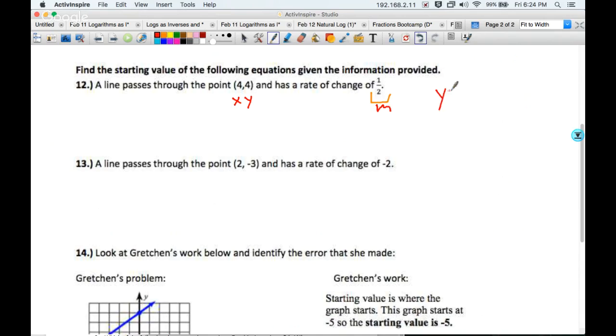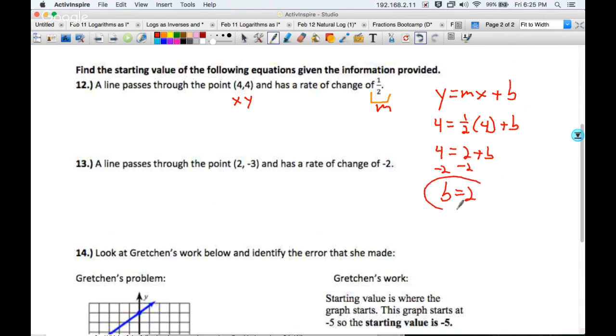We fill it into y equals mx plus b. And we get that 4 equals 1/2 times 4 plus b. 1/2 of 4 is 2, so 4 equals 2 plus b, minus 2 minus 2, b equals 2. All right, and you can try it again with number 13 there.